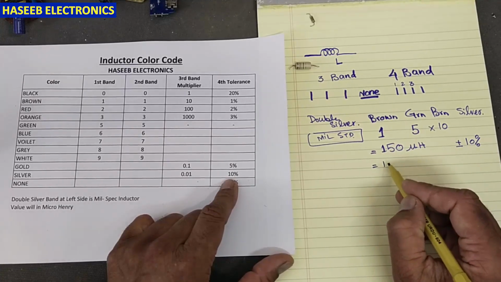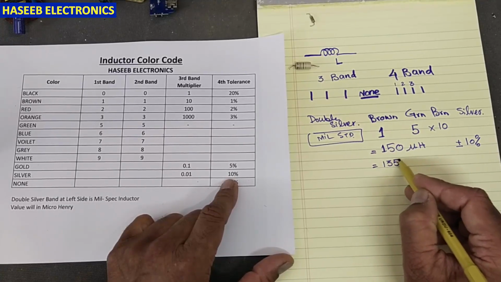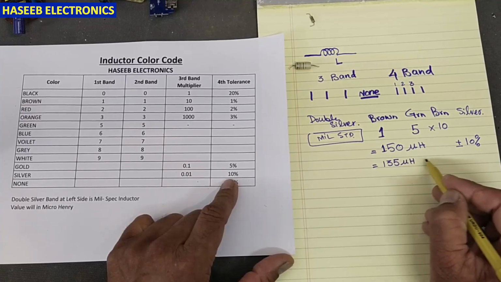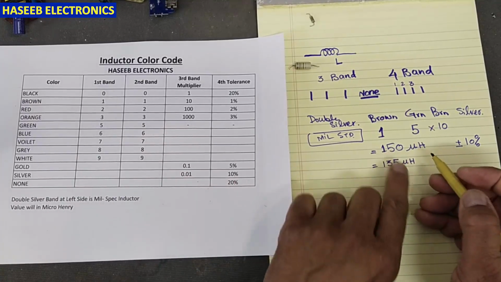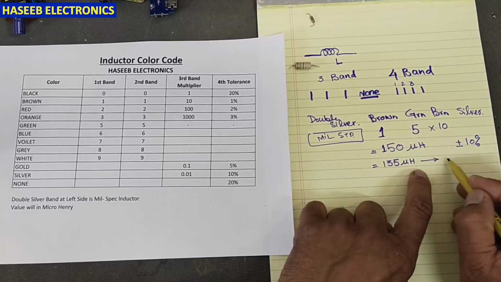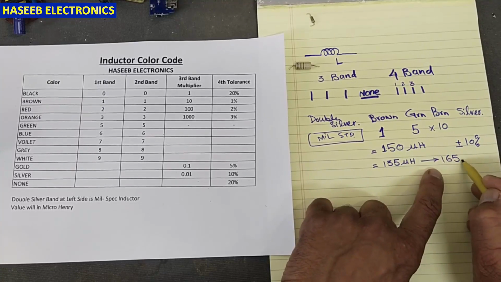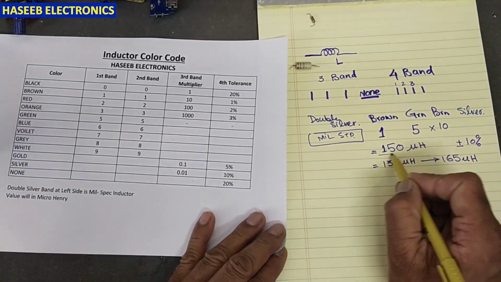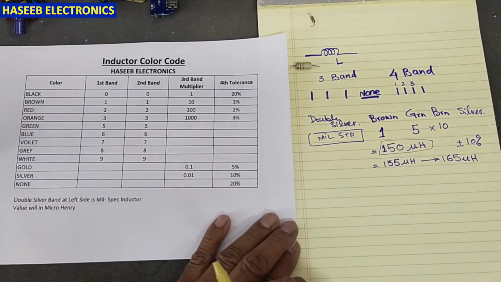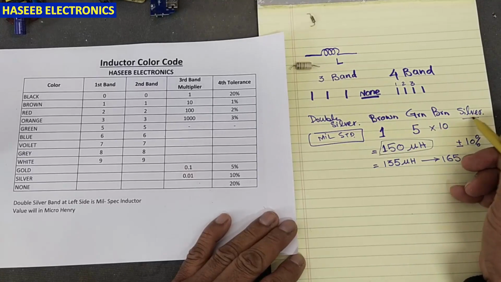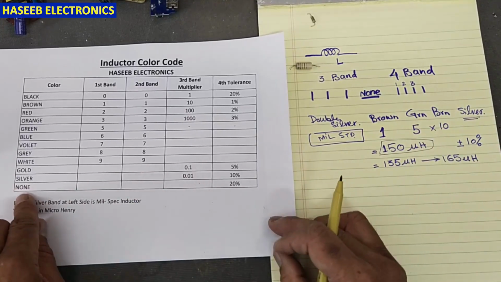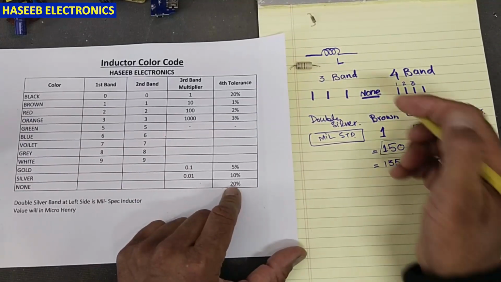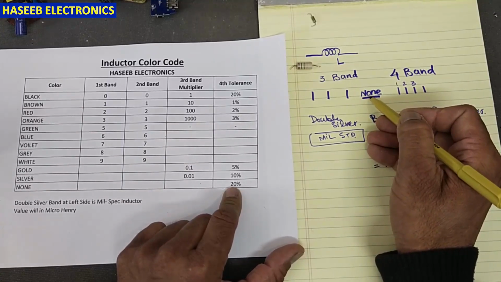So it is from 135 microhenry, if you minus 10%, to 165 microhenry, and the exact nominal value is this one. If you don't have a silver band, at that time it is 20%.